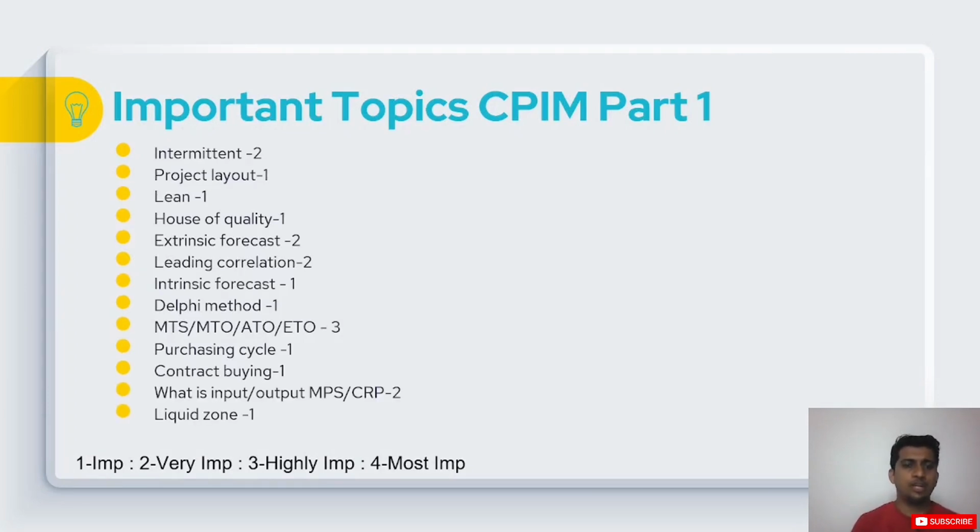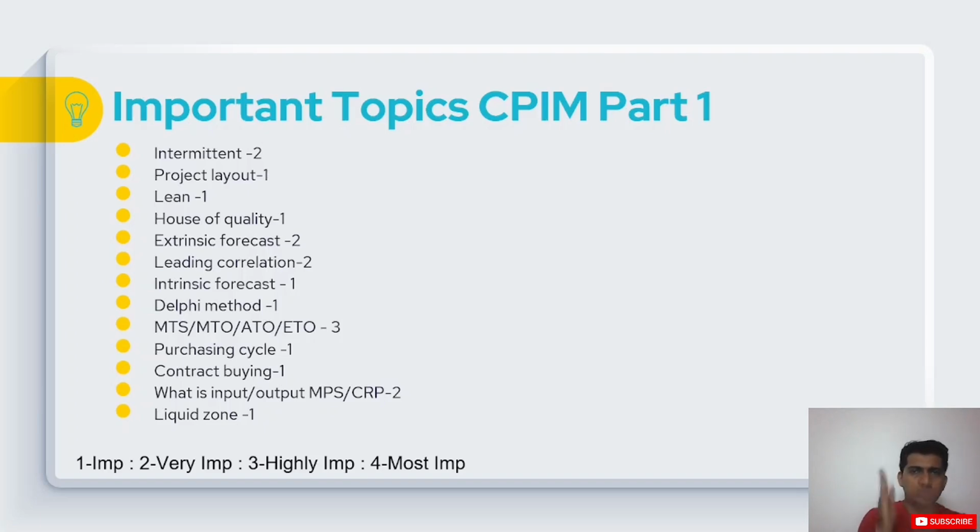So intermediate project layout, the type of manufacturings. There will be questions on lean, house of quality, extrinsic forecast, leading correlation, intrinsic forecast, depth method, MTS, MTO, ATO, ETO. These are type of inventory methods, purchasing cycle, contract buying, what is input output for a master production schedule or CRP, liquid zone.